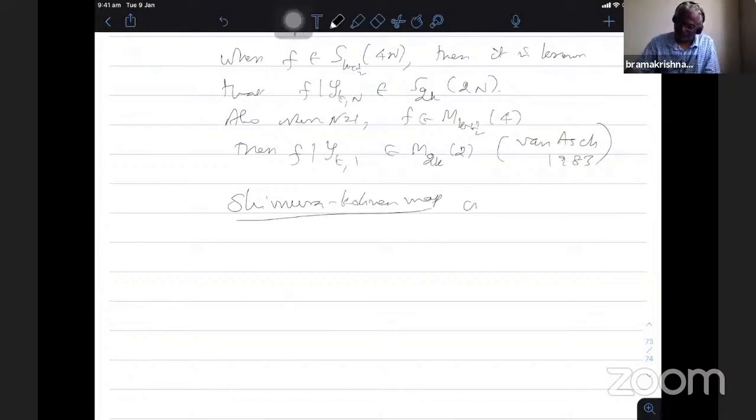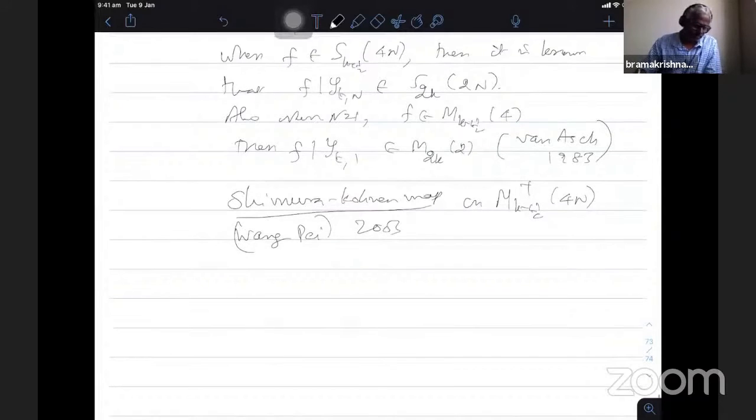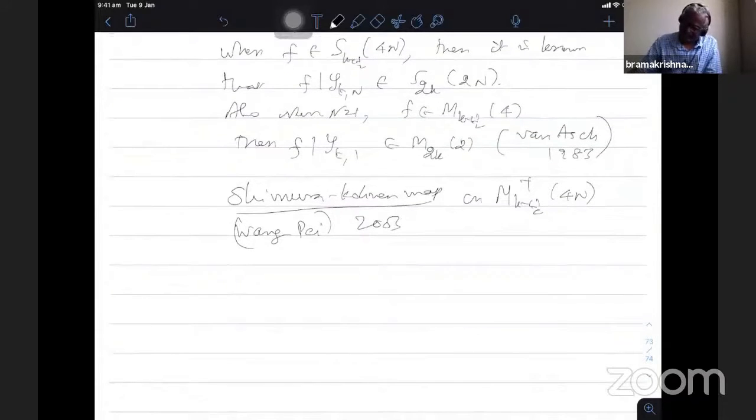On M_{k+1/2}^+(4n). This was done by Wang and Pei, 2003. So we take this function g.